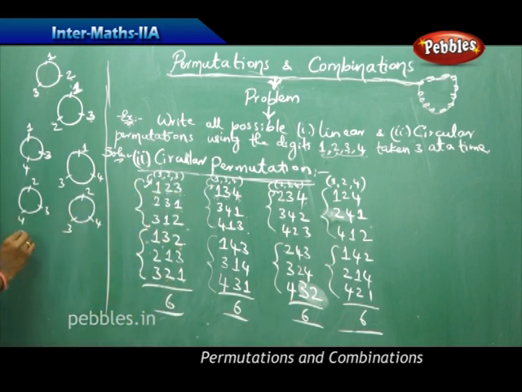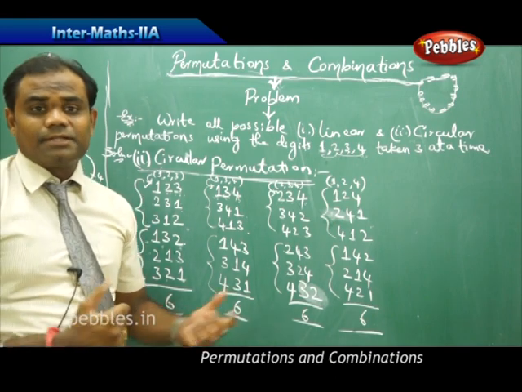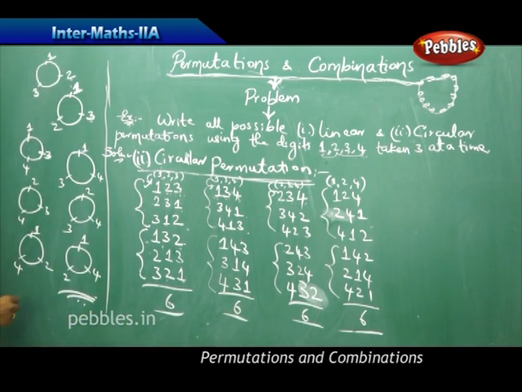Then next comes 1, 2, 4 and 1, 4, 2. This is how I understand the 8 circular permutations: 24 linear permutations and 8 circular permutations.